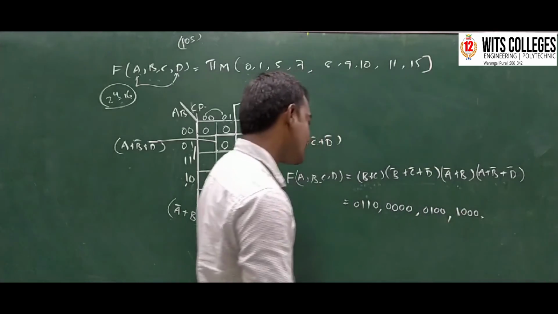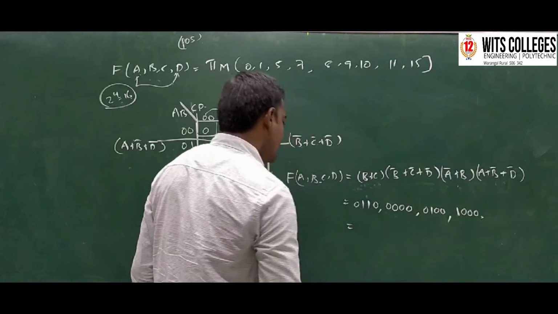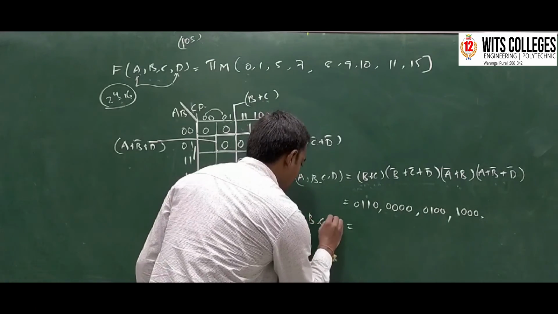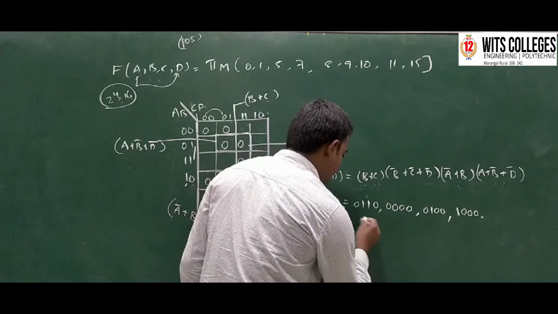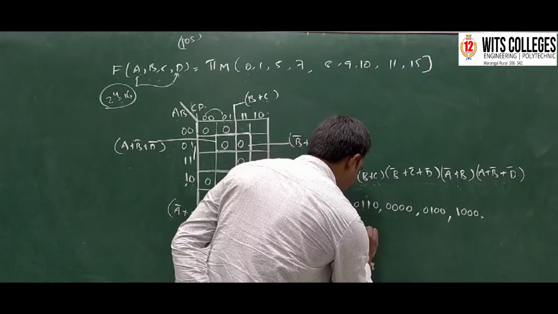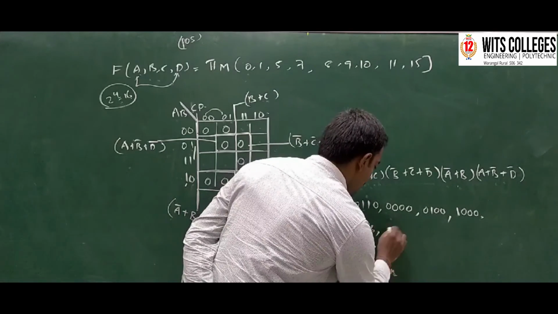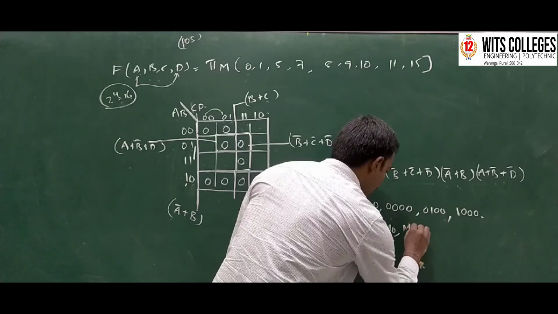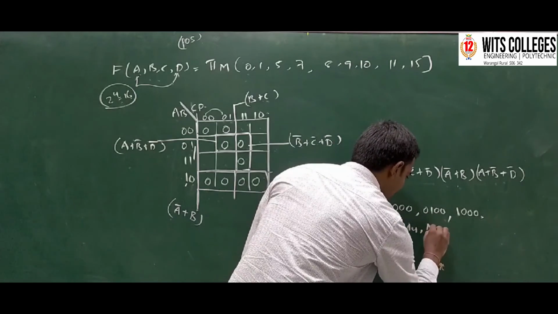So these are the max terms we will get for the function f of a, b, c, d. This is the max term m6, m0, this is m4, and this is m8.